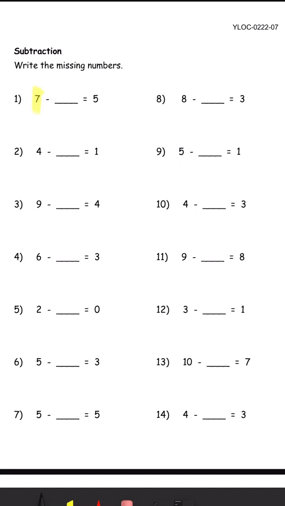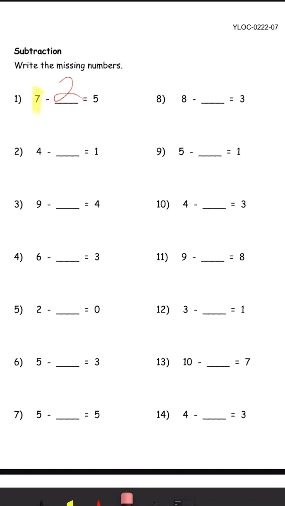So we do 7 minus 5 equals blank, the missing number, right? So 7 minus 5, 1, 2, 3, 4, 5, 6, 7. 1, 2, 3, 4, 5, and we get 2. So 2 would be our missing number.